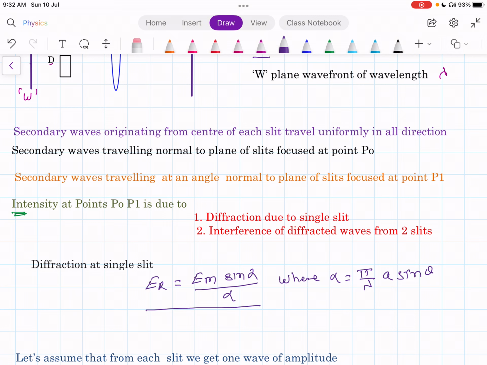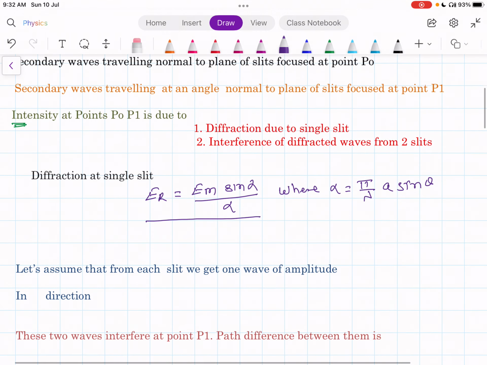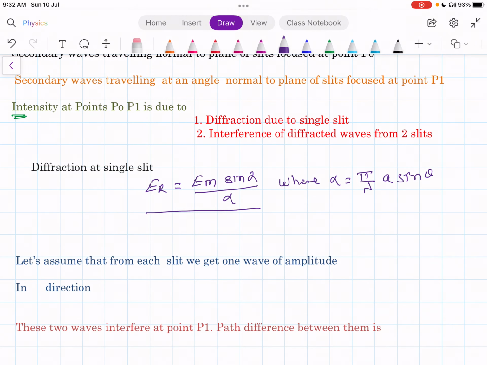Instead of going into how we get this Em sin alpha upon alpha, which we already studied, we are going to assume here that from each slit we get one wave in a particular direction whose amplitude is Em sin alpha upon alpha.